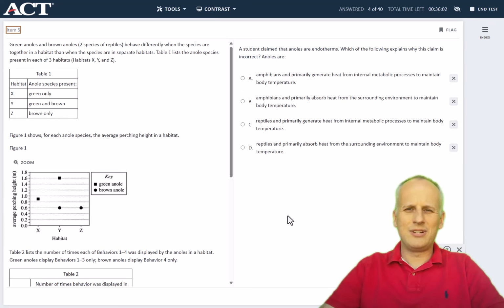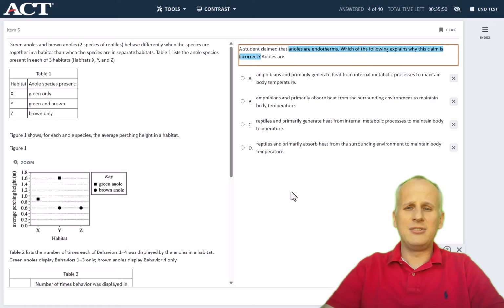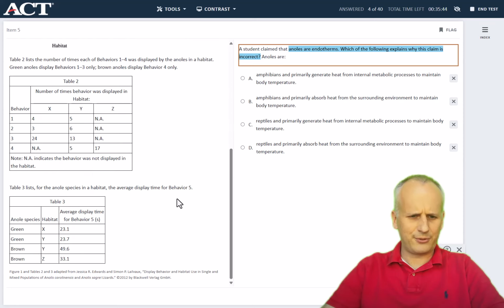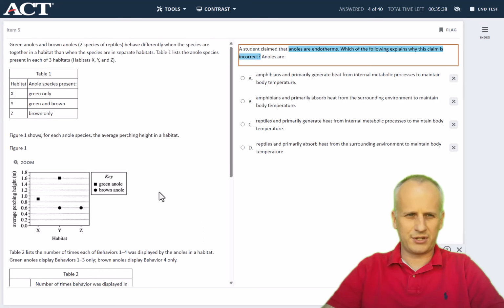Then we've got a student claim that anoles are endotherms. Which of the following explains why this claim is incorrect? So it says anoles are endotherms, and we know that this claim is incorrect. And you may be thinking to yourself, I haven't read anything about endotherms. If we scroll down, we can see there's no real accompanying text in any of these tables or figures that we've been focused on so far.